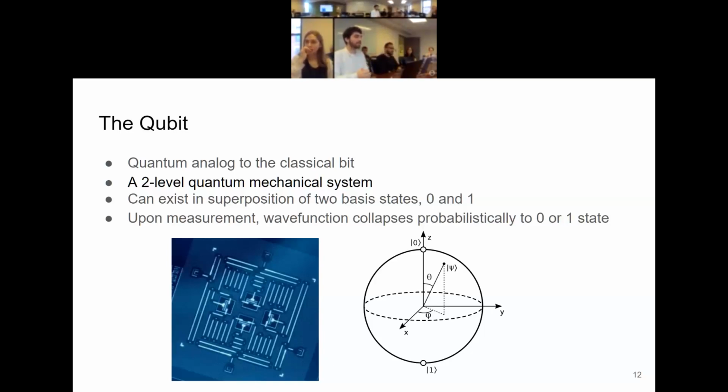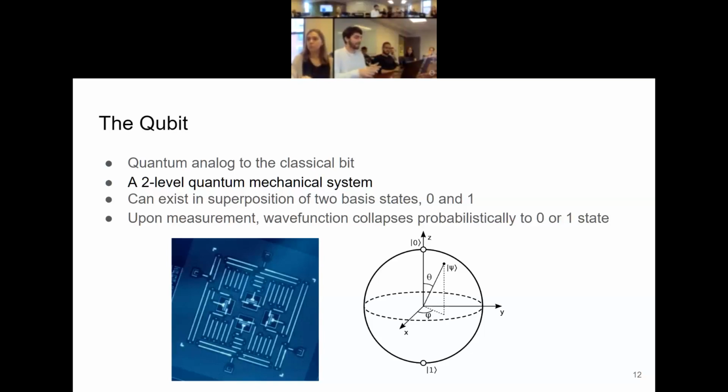So the best way to think of it is a 2-level quantum mechanical system. When you think of classical bits, 0 and 1, you get a sense that there are 2 levels to that, but there's no sense of transition between them. It's either a 0 or a 1, independent of whether or not we're measuring it. A qubit, however, can exist in something called superposition, which has no classical analog and is kind of unintuitive.